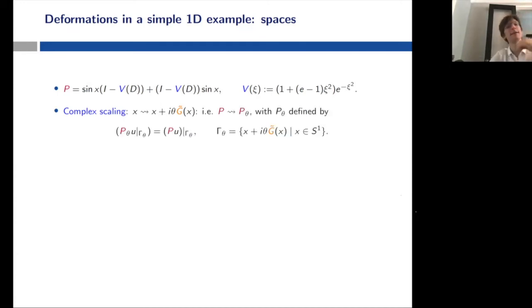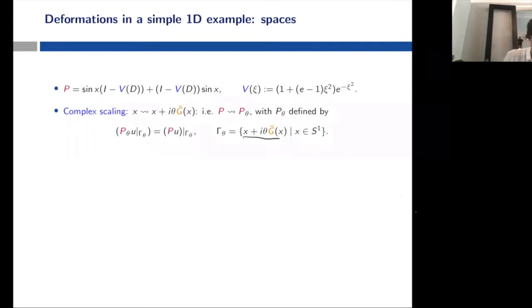Right, and what that really means is I'm going to send P to P_theta, where P_theta is basically the restriction of P, as an operator with analytic coefficients, to this new contour gamma_theta, which is the shifted version of the torus.